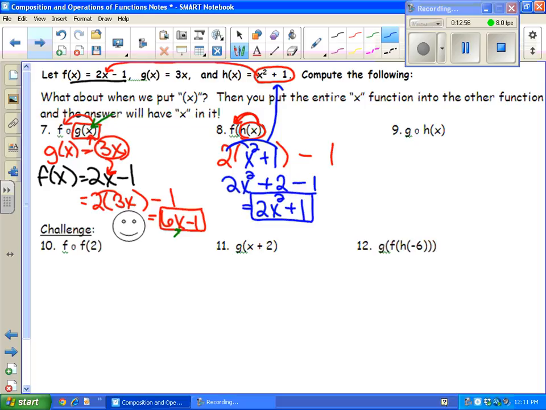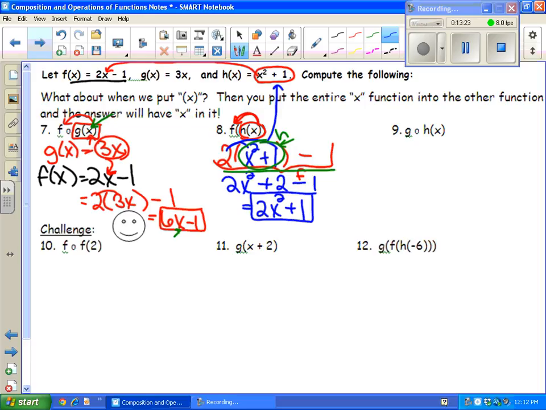Okay, I'm inputting one function into the other function. So just to go back over it, the part that's in red is the f function. The part that's in blue inside is the what? H function. So the h function is inside the entire f function. Building a new function using 2 or more functions. This is called a composite function or a composition of functions.